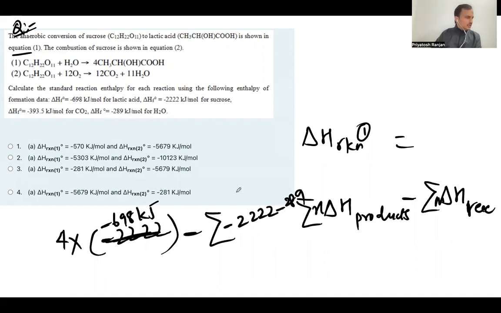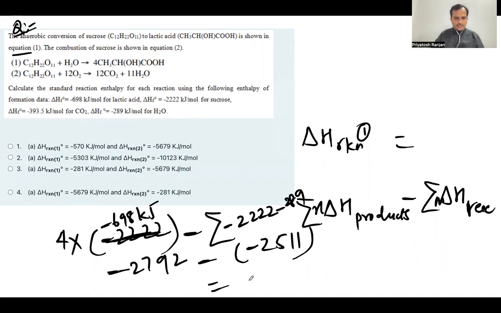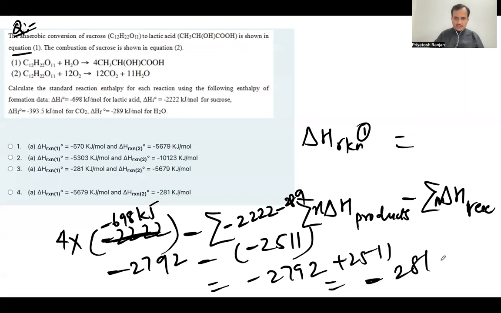Let's do some calculations. 4 times minus 698 is minus 2792, and the reactant part is minus 2511, so it is minus 2792 plus 2511. The value is going to be minus 281 kilojoule per mole. Delta H reaction is minus 281 kilojoule per mole, which seems to be okay. Now I need to calculate it for the second.